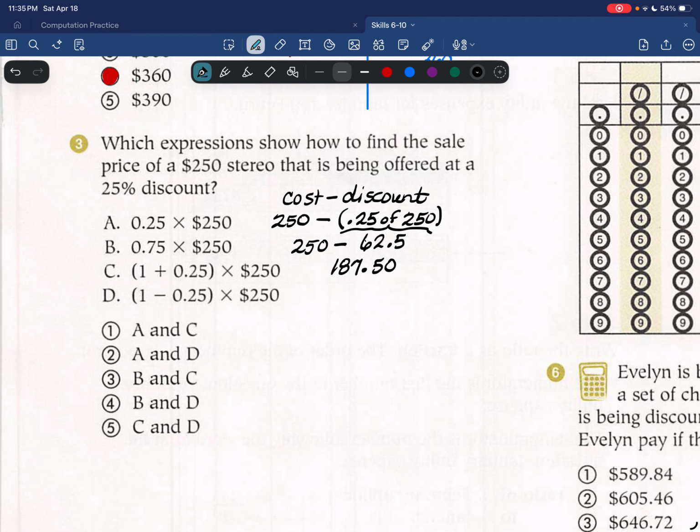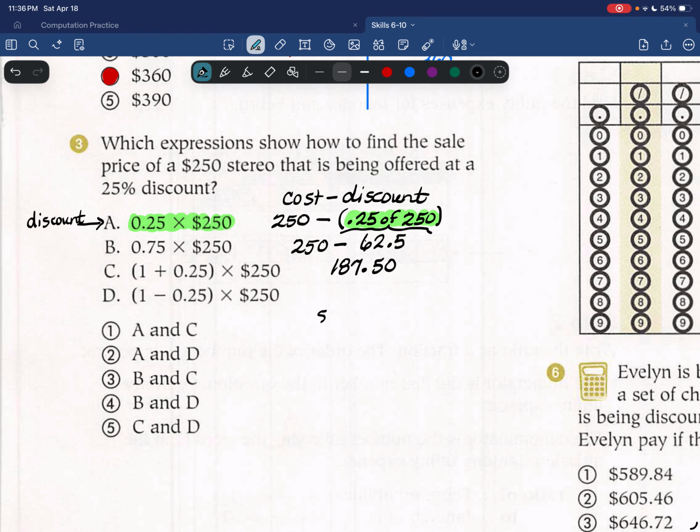But what are some other ways of doing that? This is going to give you the discount only. This part is the same as this part. And that's great, but that's only the discount. B is one of your answers, and I'll show you why.